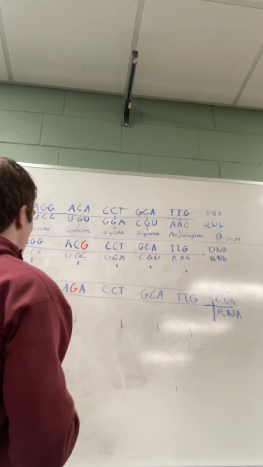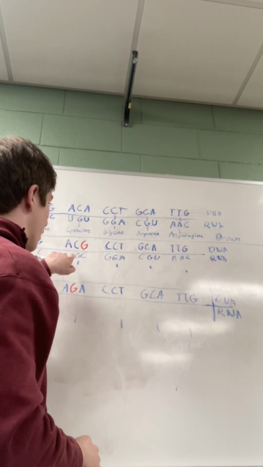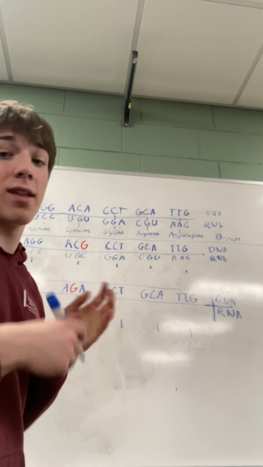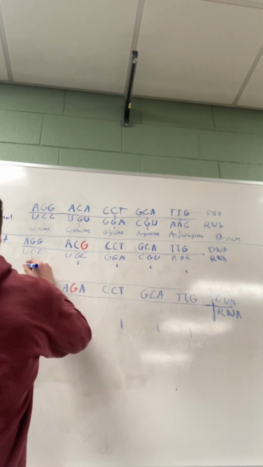And so now if we look at what ACG converted into, UGC, we get cysteine, this exact same thing that we have on the top line.